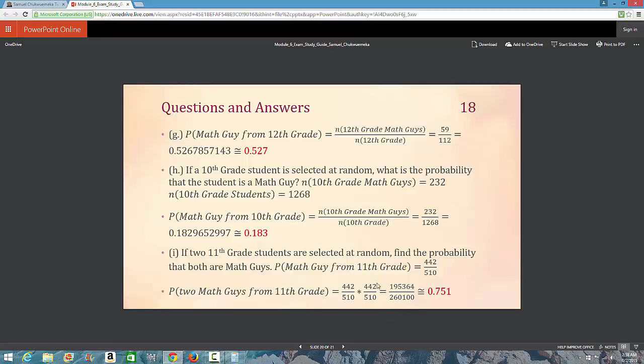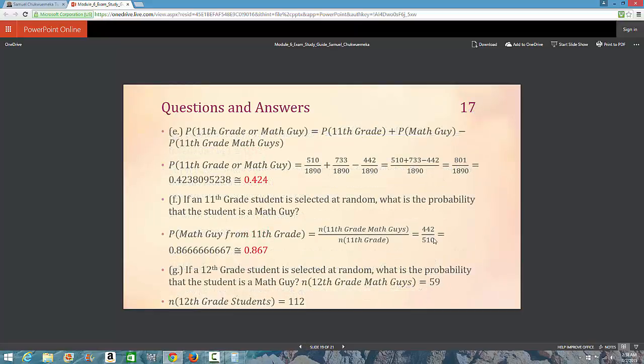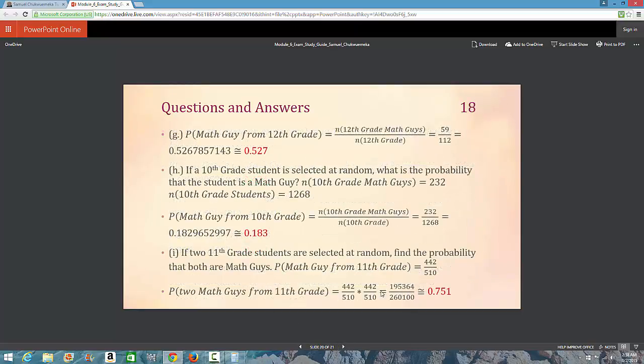So these are independent events. We just multiply: 442 over 510, because the probability of selecting a math guy from 11th grade is 442 over 510. So we just multiply those, and it gives us approximately 0.751.